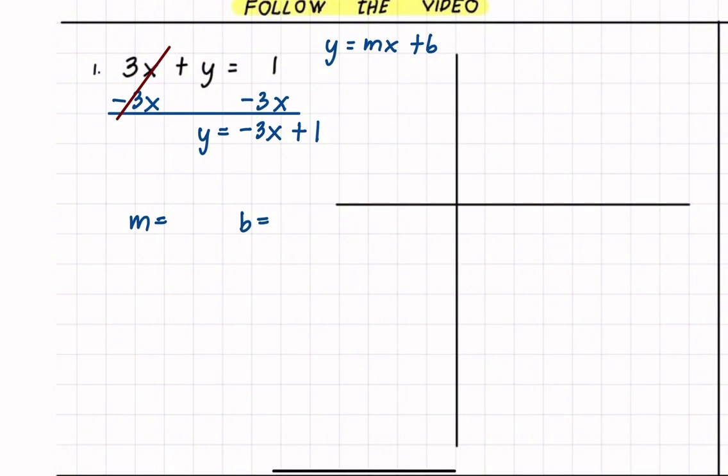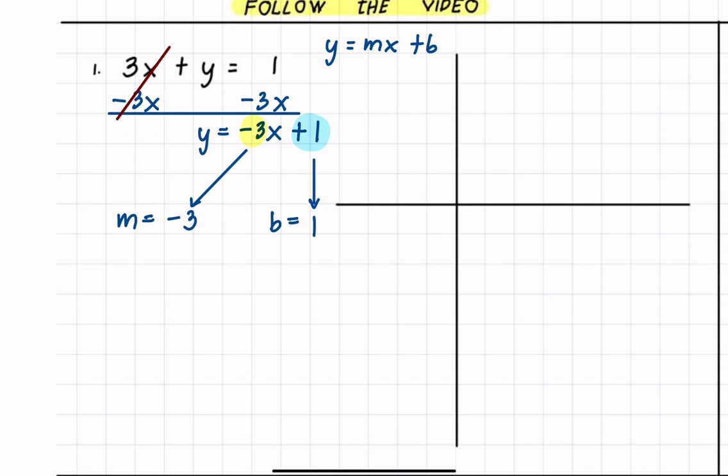Again, class, m is the number beside x, or the coefficient of x. So what's the number beside x? Which is negative 3. So negative 3 is our slope. And then our b is the constant, which is 1.